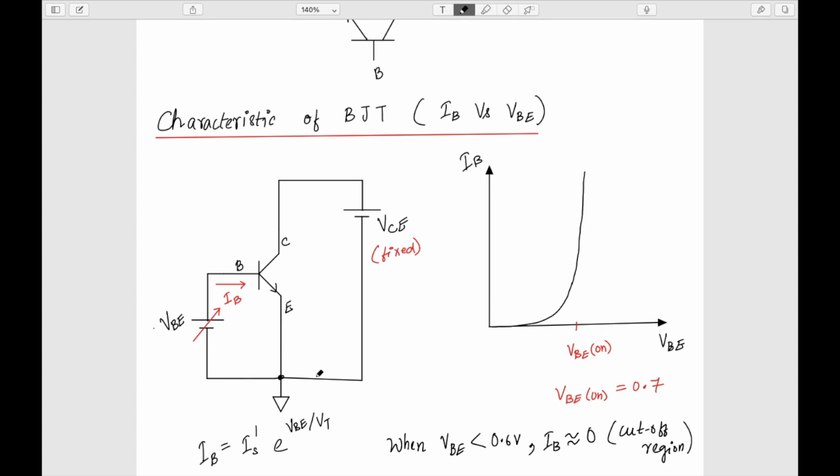In the cutoff region there is no current, basically the current is cut off, because IB is 0, so IC will also be 0.